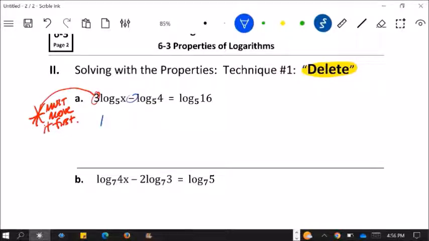So if I bring that up to the x, I now have log base 5 of x to the third power minus log base 5 of 4 equals log base 5 of 16. Now we can take care of doing this one as an exponent or as a division thing here.